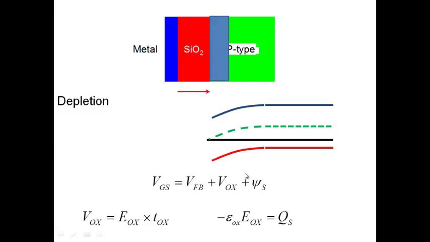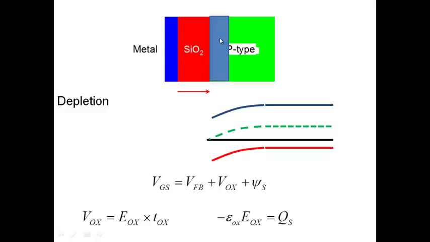So now what you're seeing here is minus epsilon oxide times E oxide is equal to QS. So how do I find the oxide drop? Oxide drop is going to be E oxide times T oxide. E oxide is related to QS. Now, will QS be related to psi s? QS is what? Charge here. It's related to psi s.